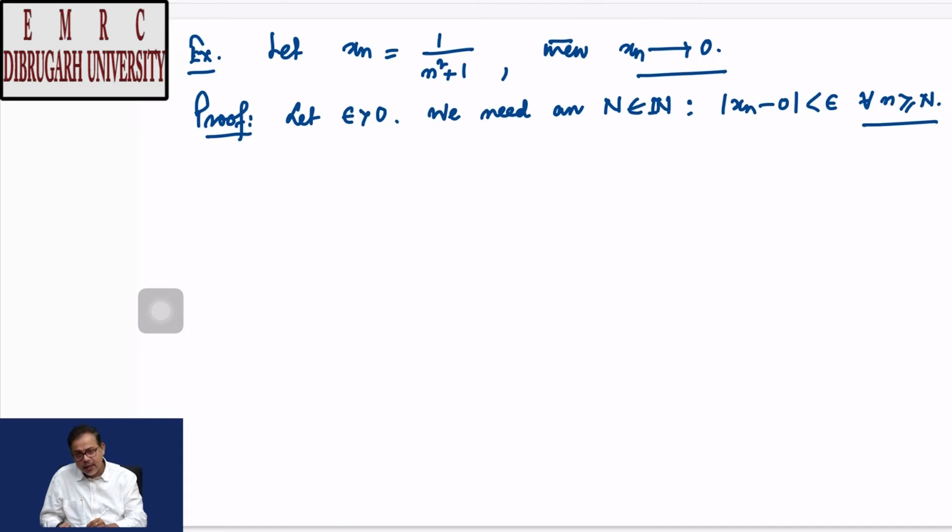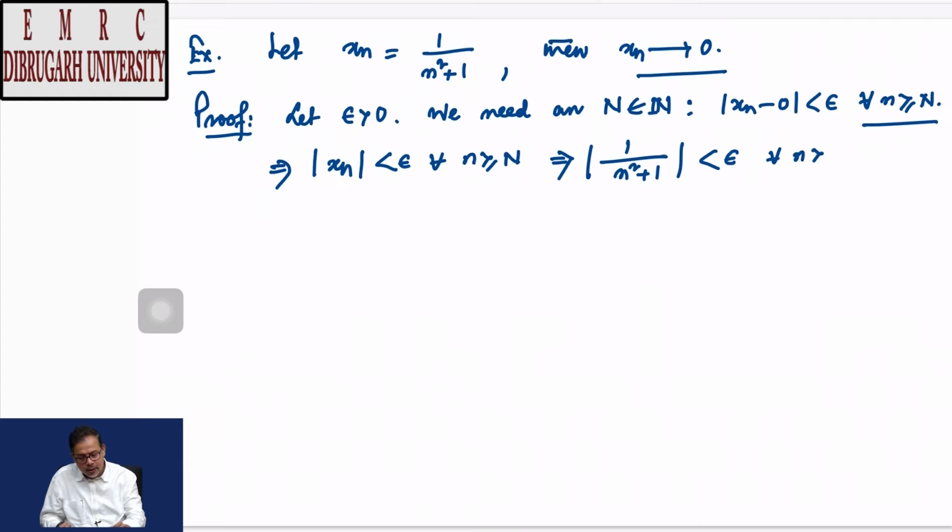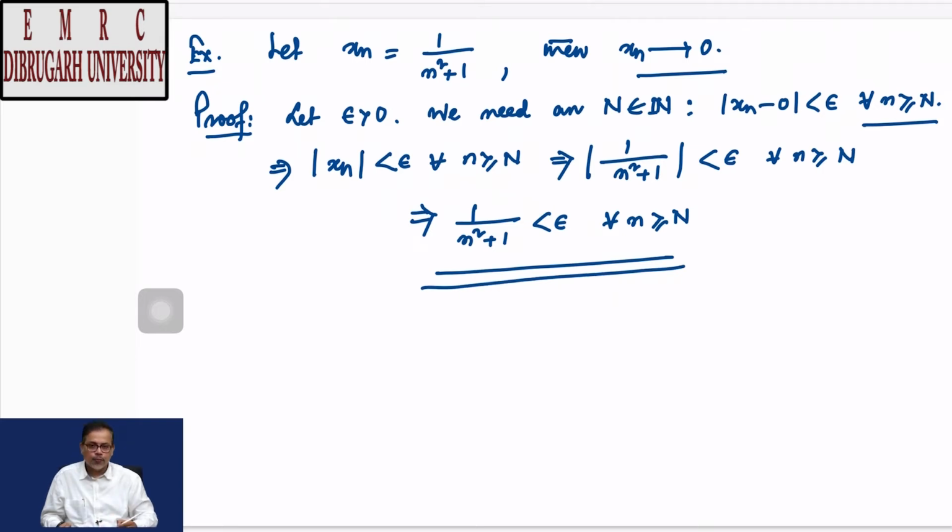But here what is xn? Xn is 1 by n square plus 1. It should be less than epsilon for all n greater than or equal to N. And that is, 1 by n square plus 1 less than epsilon for all n greater than or equal to N. This is what we have to prove.